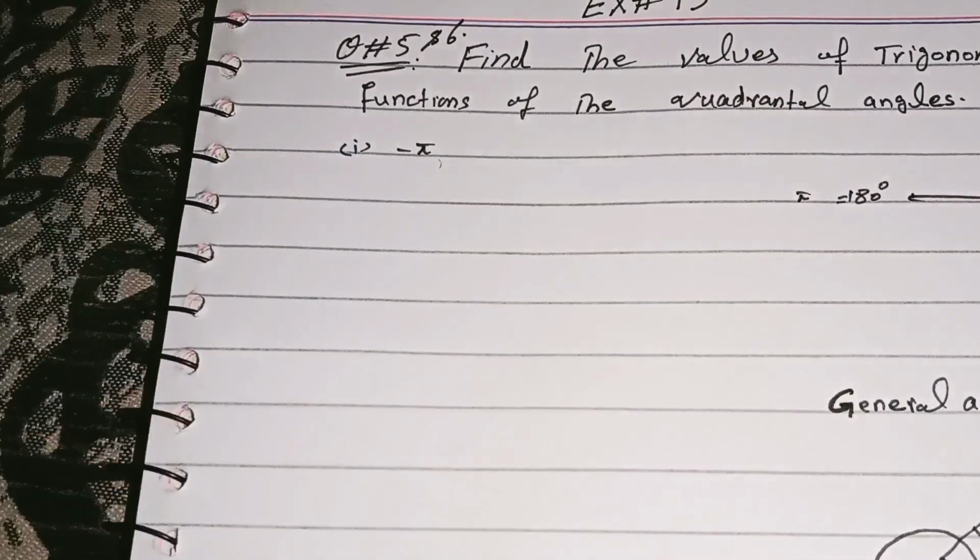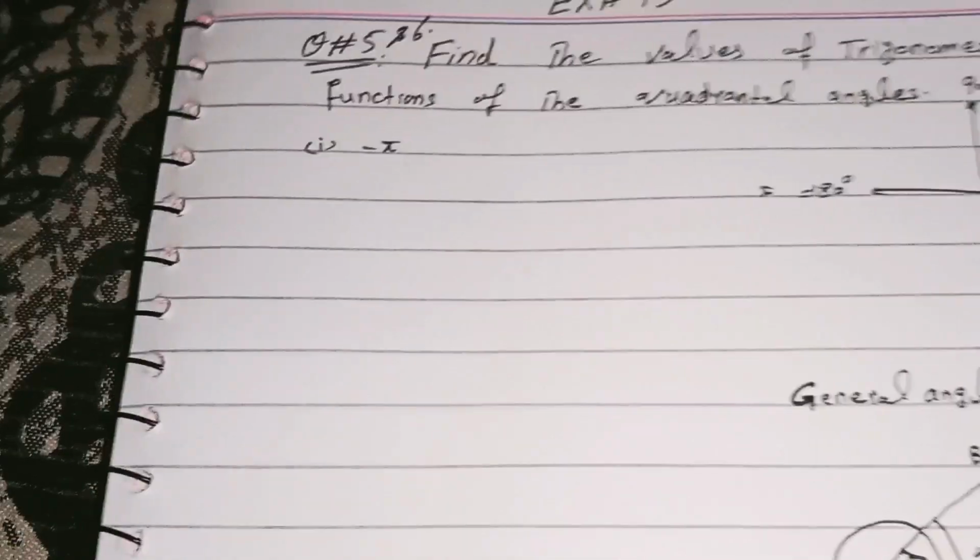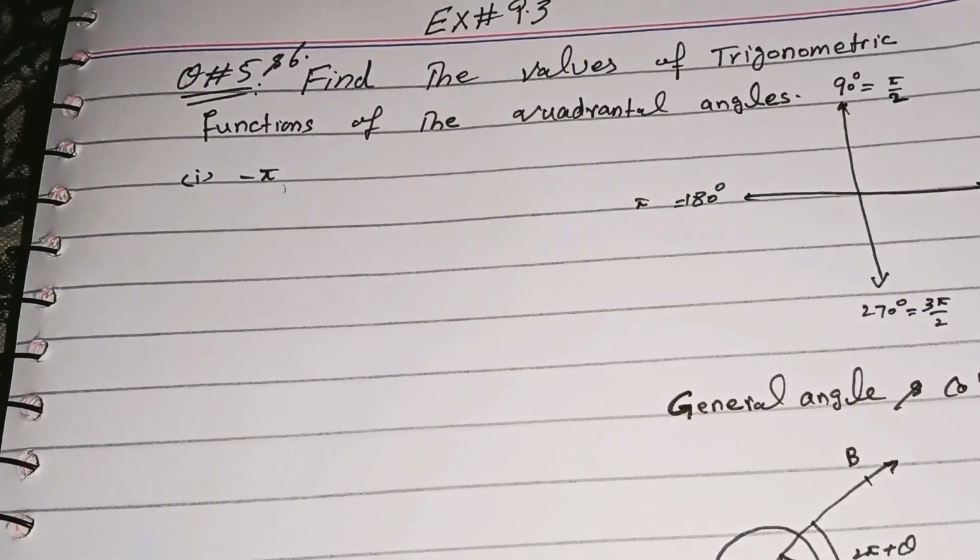We have discussed the table of trigonometric functions, where we remember the values from 0 to 3 pi by 2, or 0 to 270 degree.